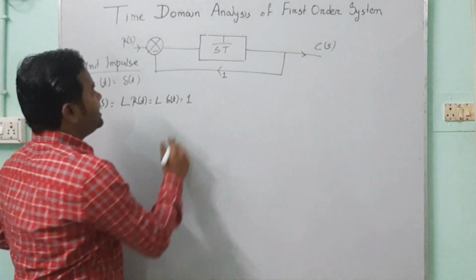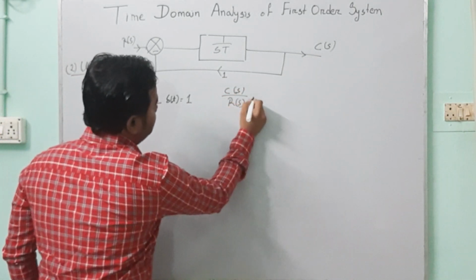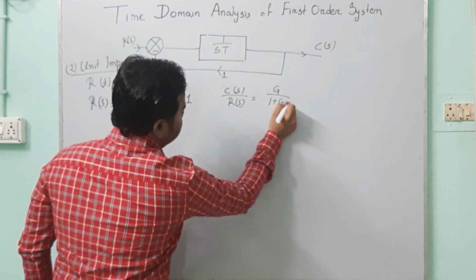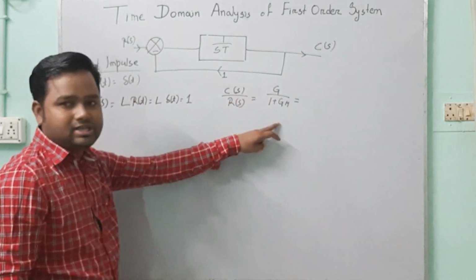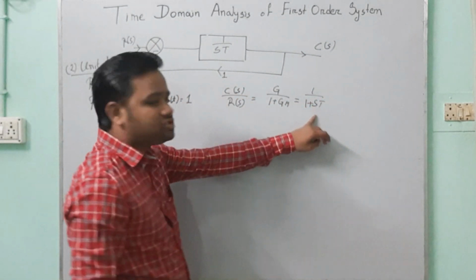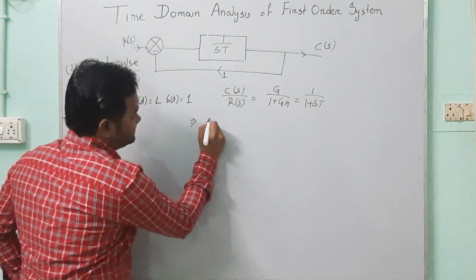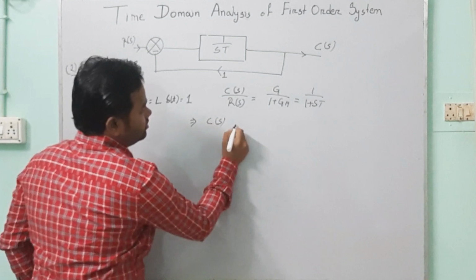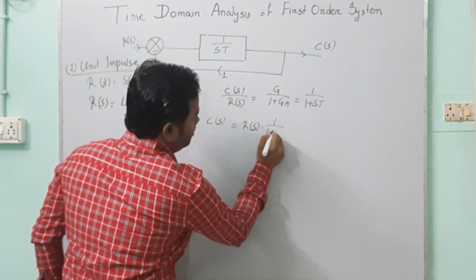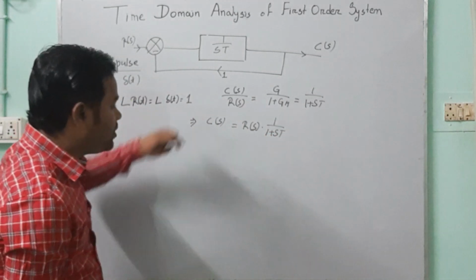We know the transfer function C of S by R of S is equal to G by 1 plus GH. Here G by 1 plus GH is equal to 1 by 1 plus ST. We have studied it in the previous class. Now C of S is equal to R of S into 1 by 1 plus ST, and the value of R of S is 1.